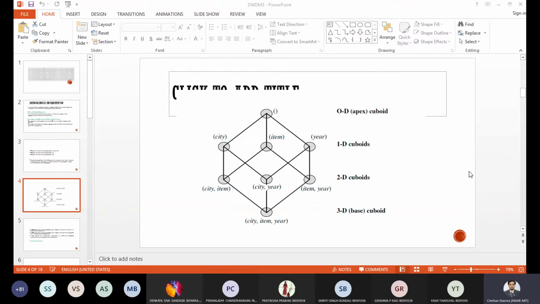Ishan Tyagi? Don't think even he is there. Hari? See, if you are here, you have to respond. Otherwise, I am removing you from the meeting. There is no point in attending like this.